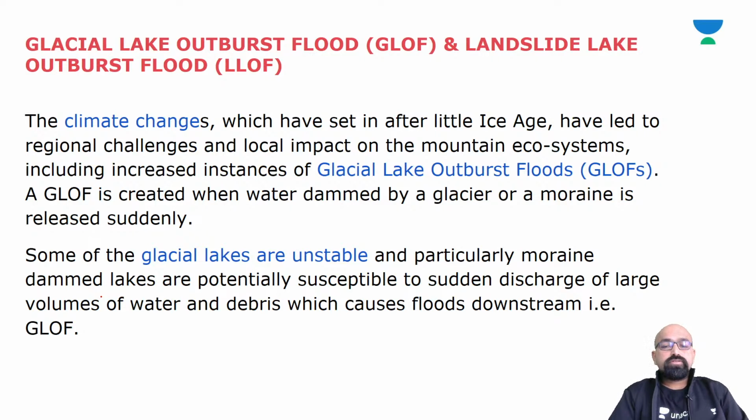Another project is the Rishiganga hydropower project, which generates 13 megawatts and is a fully completed project in Uttarakhand.